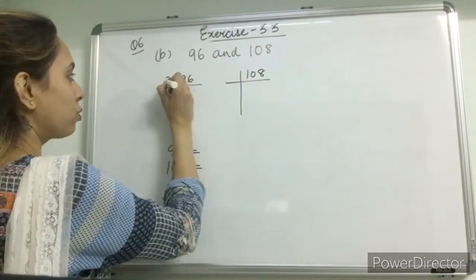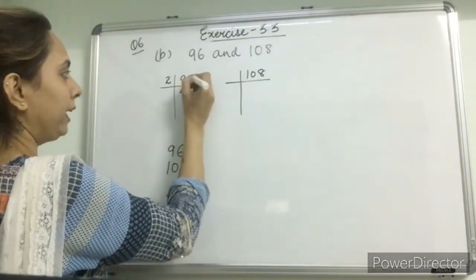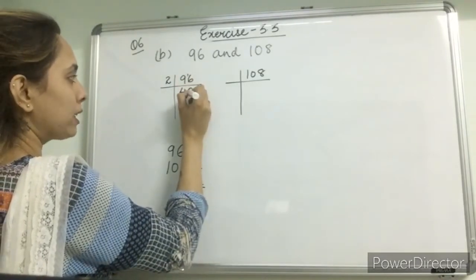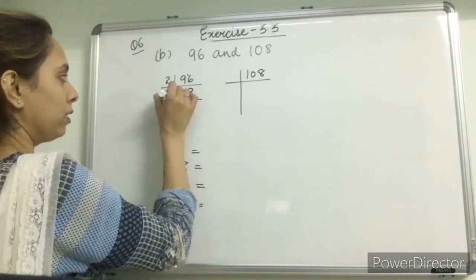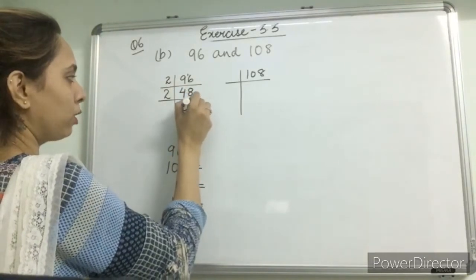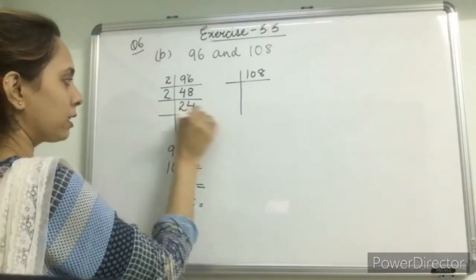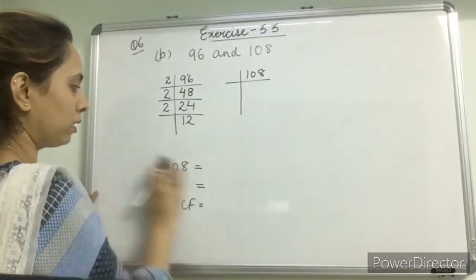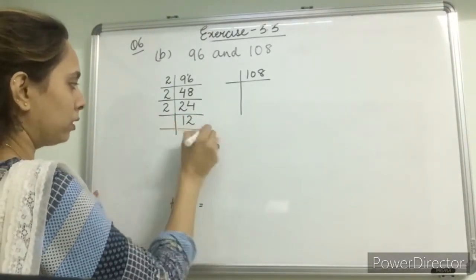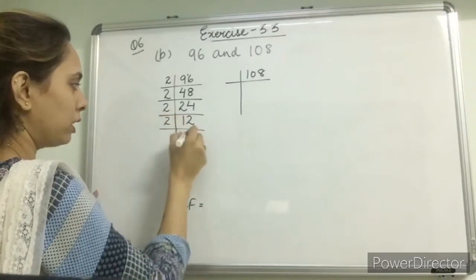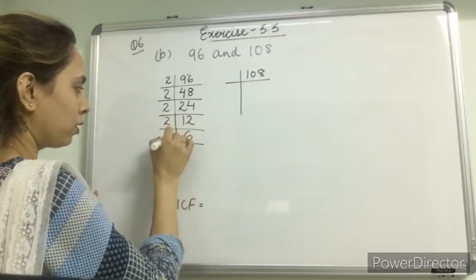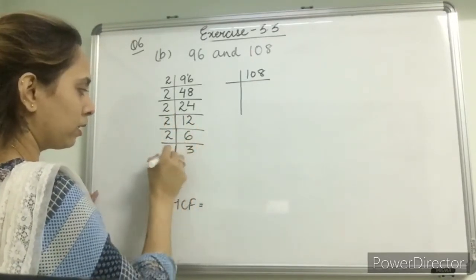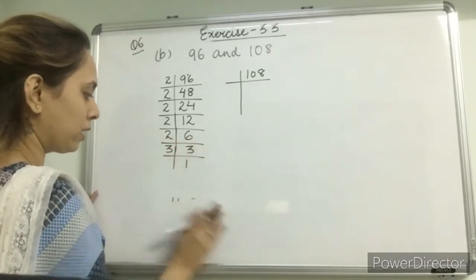We will start with 2. 2 4s are 8, 2 8s are 16. 2 2s are 4, 2 4s are 8. 2 12s are 24, again 2 6s are 12, 2 3s are 6, 3 ones are 3.